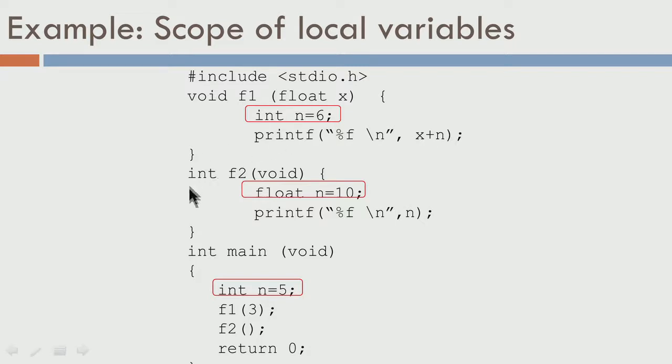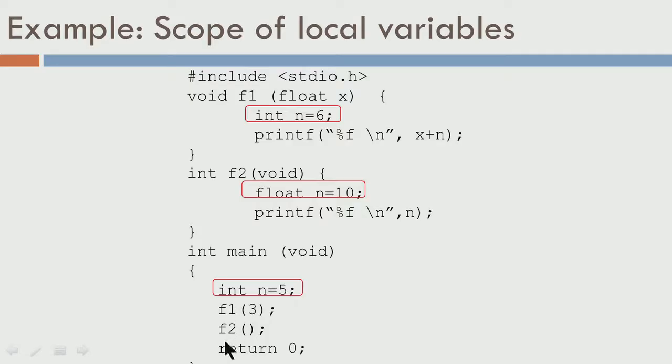Now, the function would return back to the caller. In this case you have f2, which does not have any parameter, but when the function gets called you have float n equals 10. You again create a new variable by the name n. The life of this variable n is only within this function. You just print n equals 10, and when you come back here, you have this return statement.